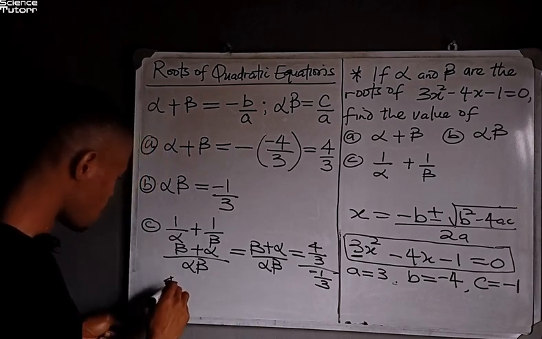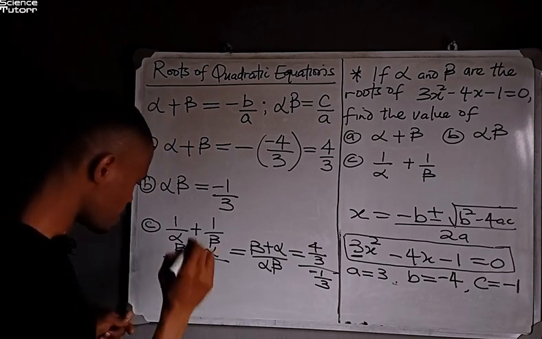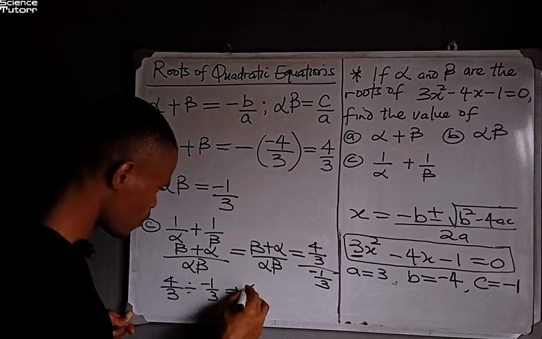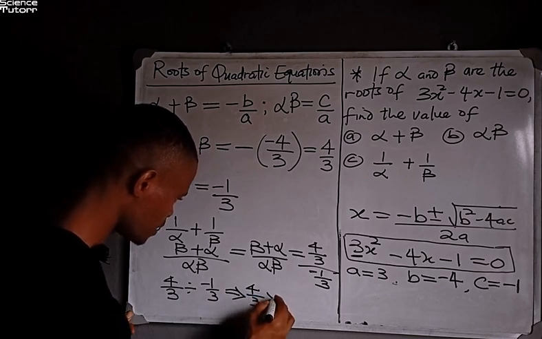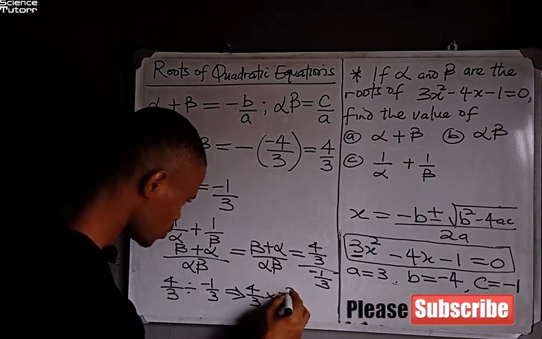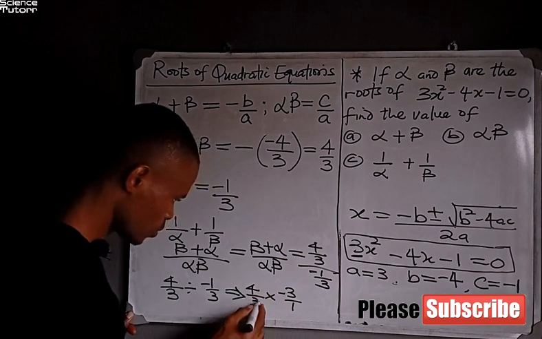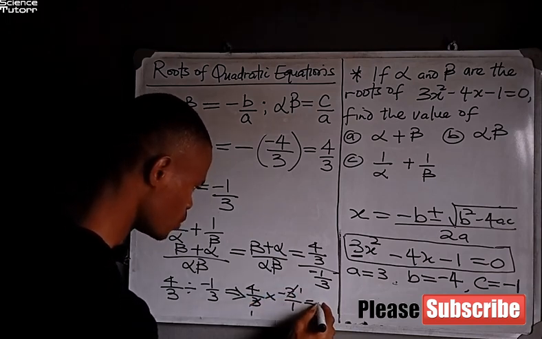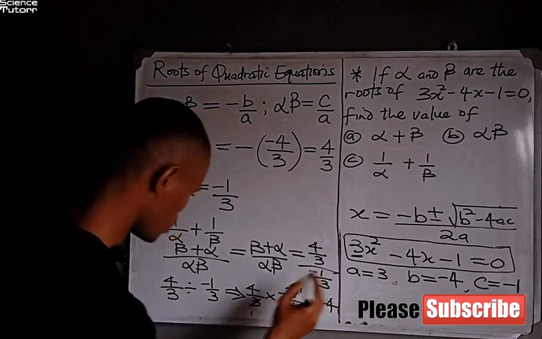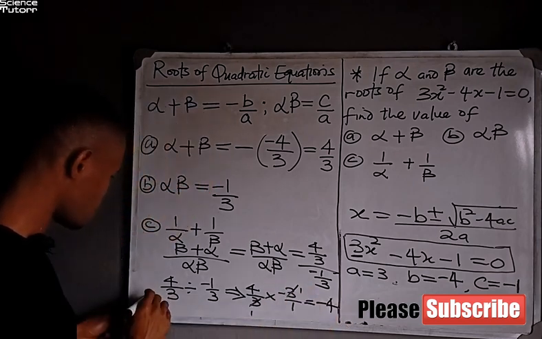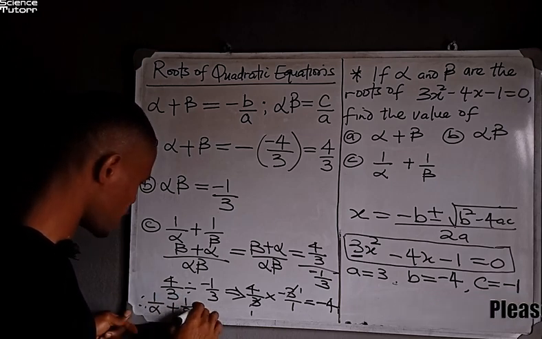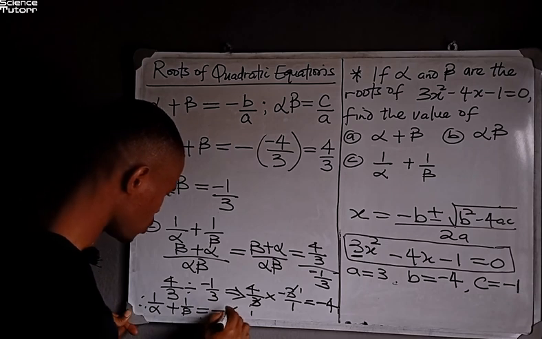Solving, we have 4 over 3 divided by minus 1 over 3, which means 4 over 3 times minus 3 over 1. So 3 cancels itself. At the end of the day, we are left with minus 4. So that is to say 1 over alpha plus 1 over beta is equal to minus 4 as our final result.